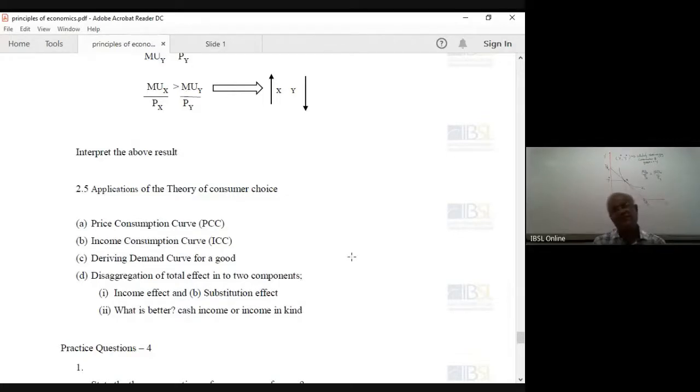Under which policy is consumer sovereignty, consumer choice, established? Which one is not constrained? Income in kind or income in cash? What is a better policy? Cash income or kind income?